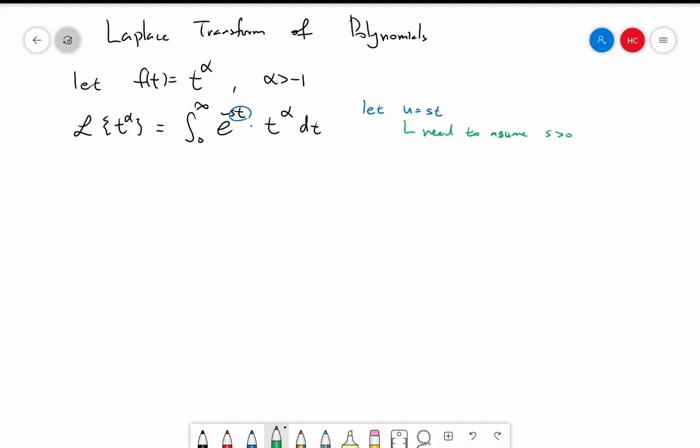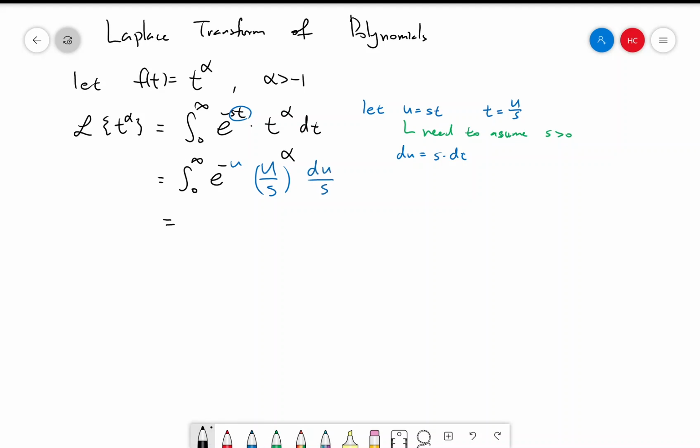Alright, so if u is st, then du is s times dt, and t is equal to u over s. So we can plug all these in. The bounds are still 0 to infinity. This is equal to e to the -u times u over s, the whole thing to the power alpha, and dt is du over s.